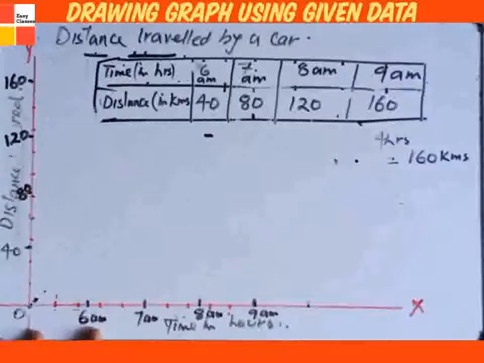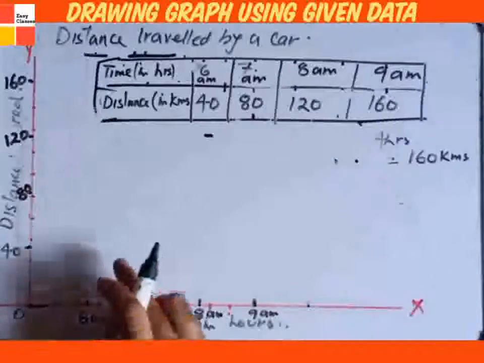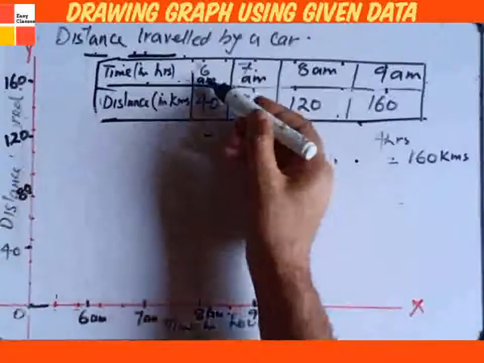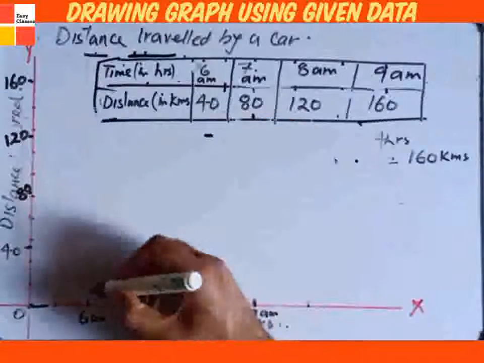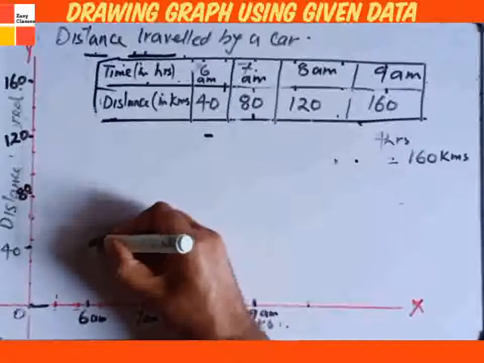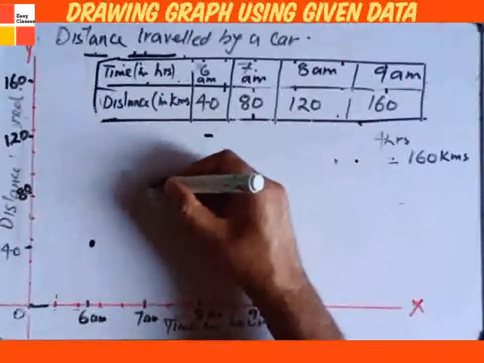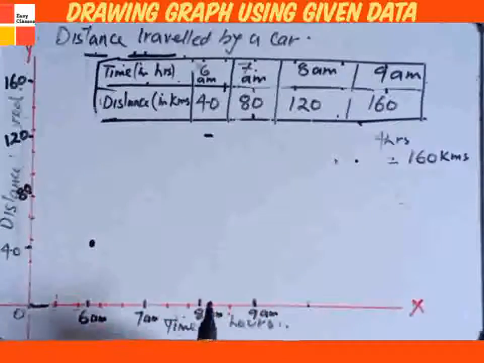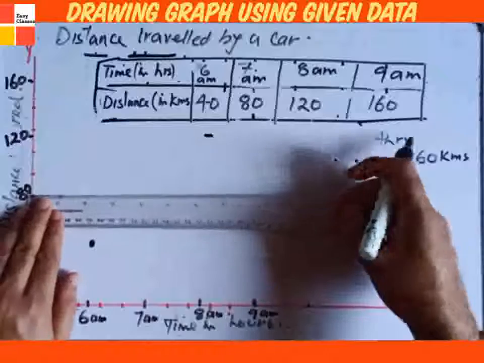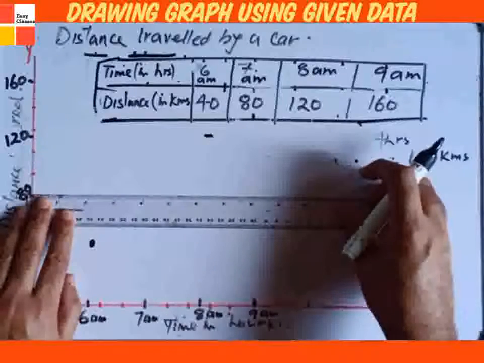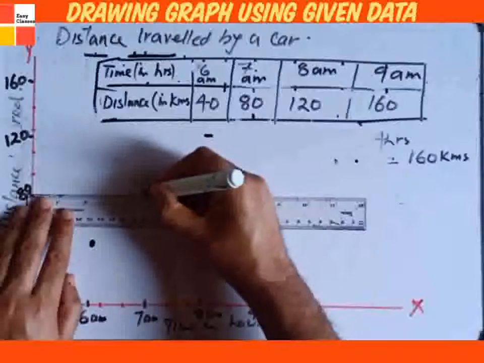Here it is 1 hour. From 6 a.m. it's again 1 hour, from 7 a.m. to 8 a.m. it's again 1 hour. Now we have to get the points on this graph. 6 a.m. corresponds to 40 kilometers, so here it will be 1 point. 7 a.m. corresponds to 80 kilometers, so the point will be somewhere here.